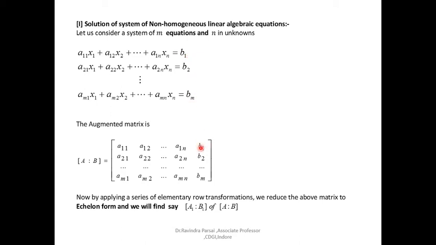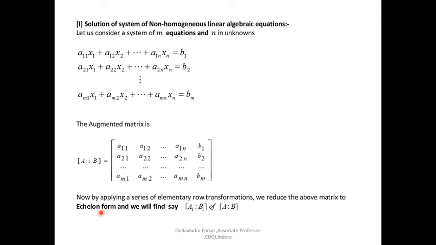Suppose it is b1, we write it as b1. Then similarly, by writing the coefficients of the second equation and its constant term, you will get the second row of the matrix, and so on you may continue for m equations in n unknowns. Am I right? So you get an augmented matrix of order m by n plus 1, as you have seen here.